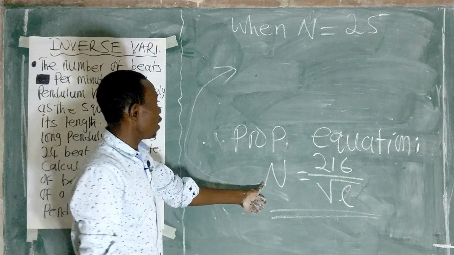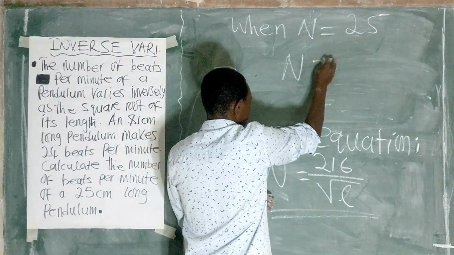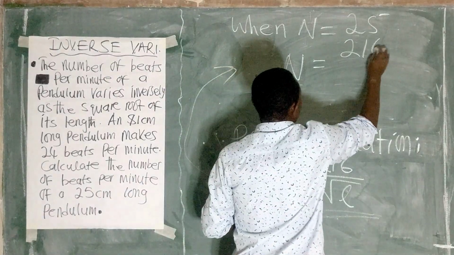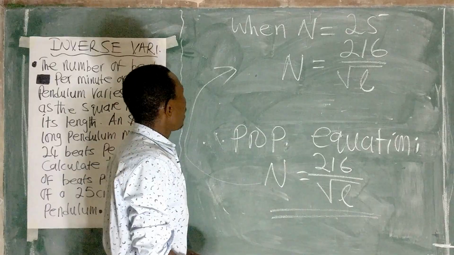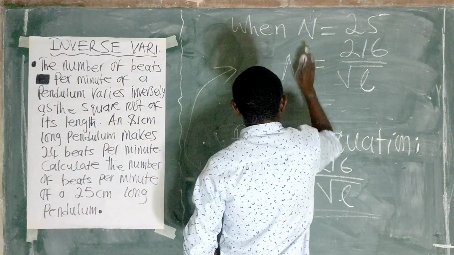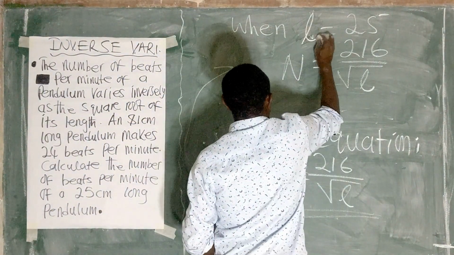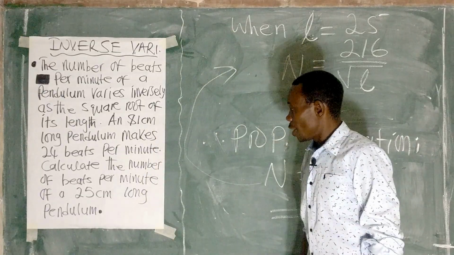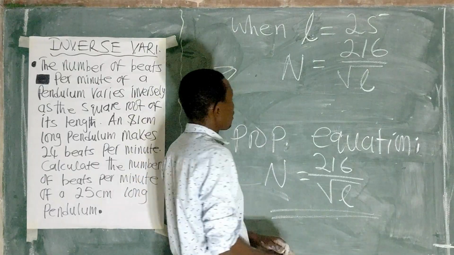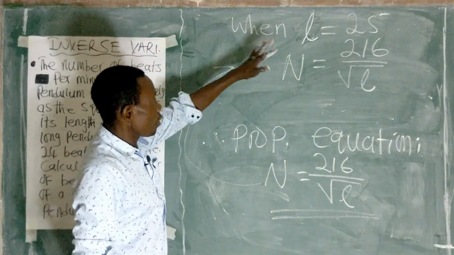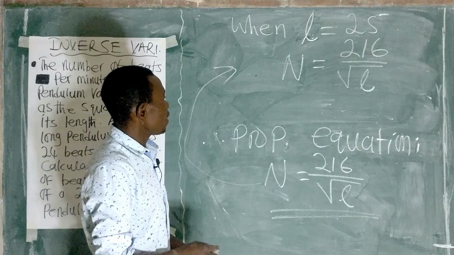My proportionality equation is n is equal to 216 over root of L. Not n here, but L. This is the length. Given that the pendulum is 25 centimeters long, what is the number of beats? So make the correlation there: when L is 25, what would be the number of beats?